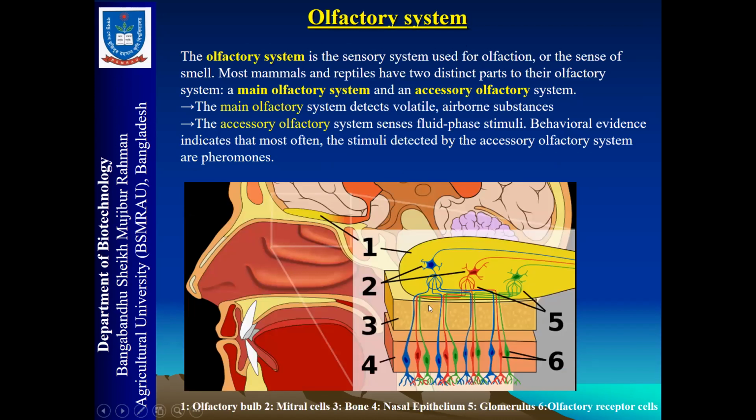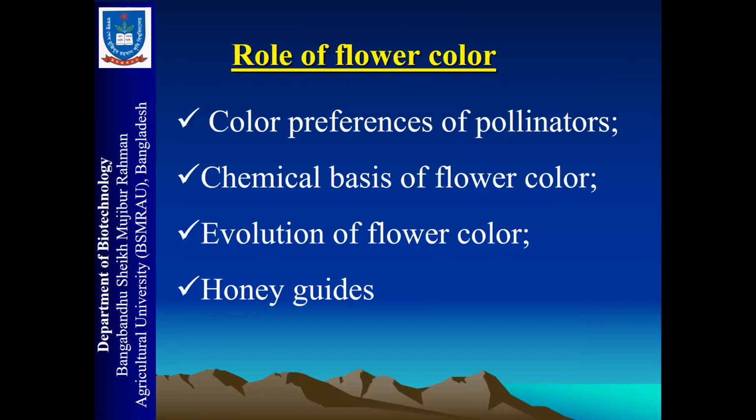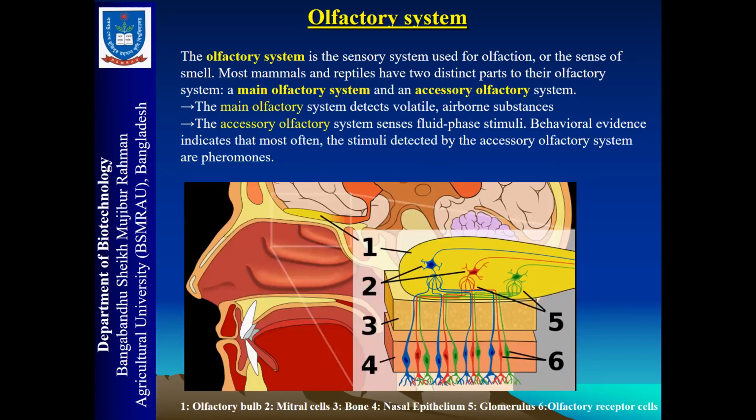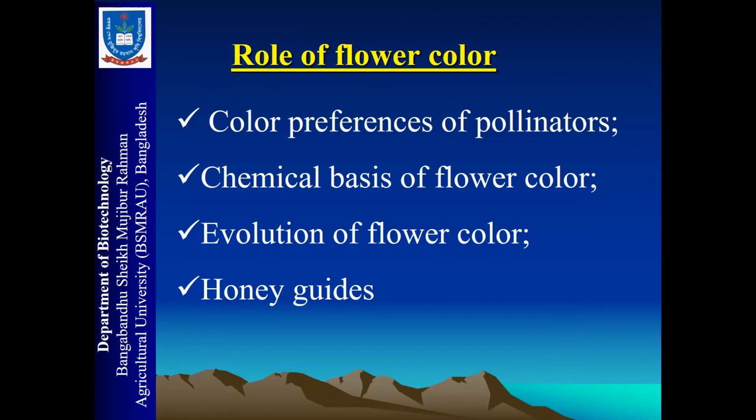Here you can see there are different parts in the olfactory system. And to get the stimuli, there are some neural receptors. So then they can perceive the signal, and this is where the olfactory system is located in our nose. And then they perceive the signal, and that signal stimulates.